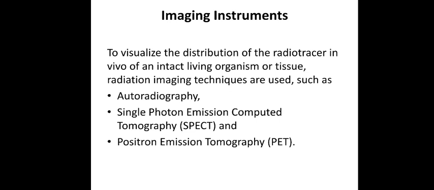Here you are going to use a specific radioactive element, bind it with the biomolecule of your interest, then try to get an image in a suitable format. That is the basic principle.